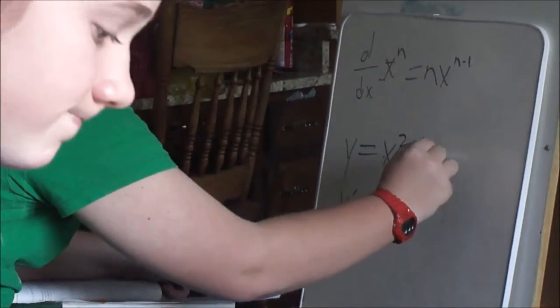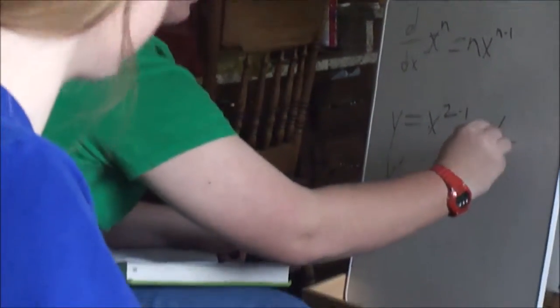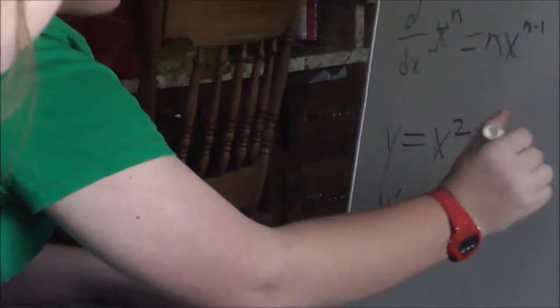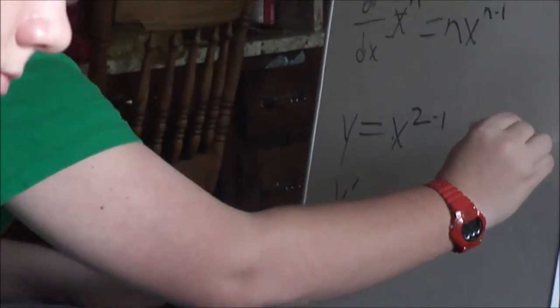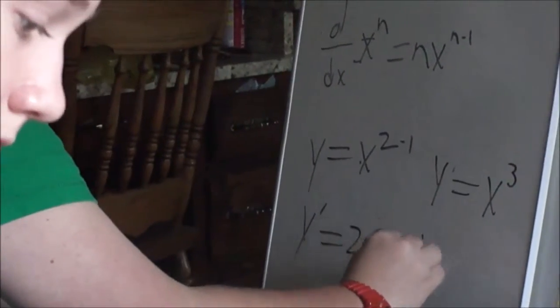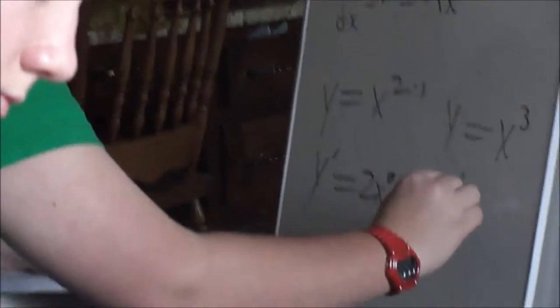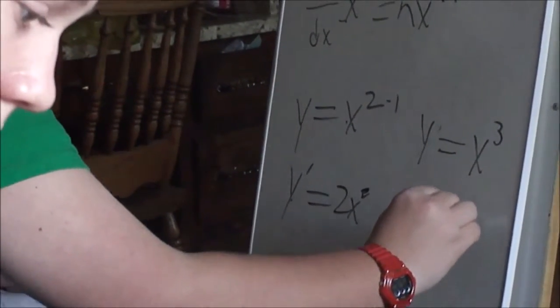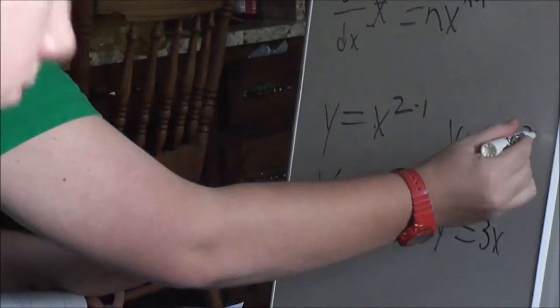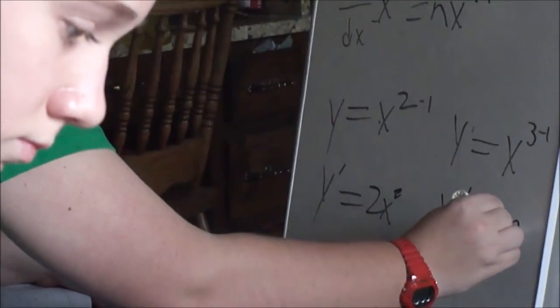Another thing is if y equals x cubed, then the derivative of y will equal 3x, then you take 1 away from the exponent, so it will be squared.